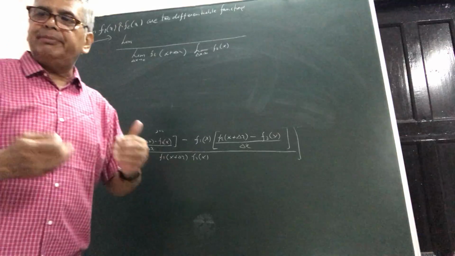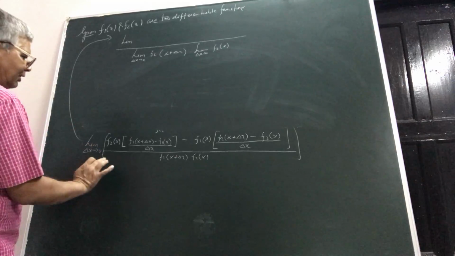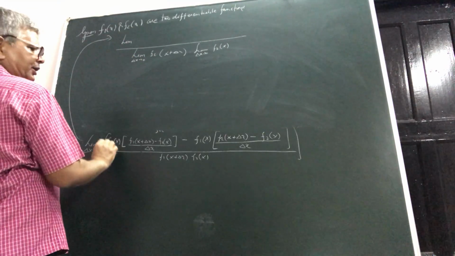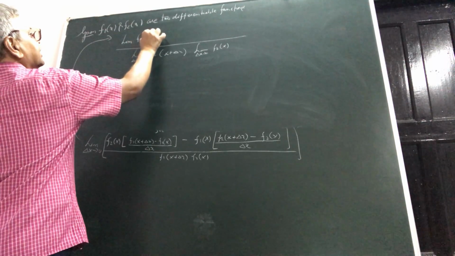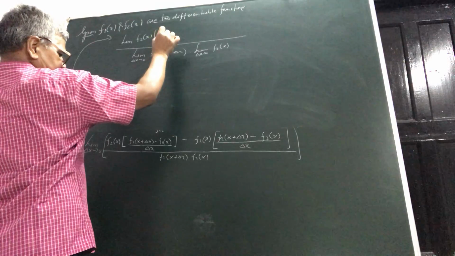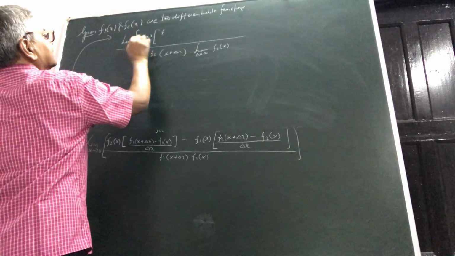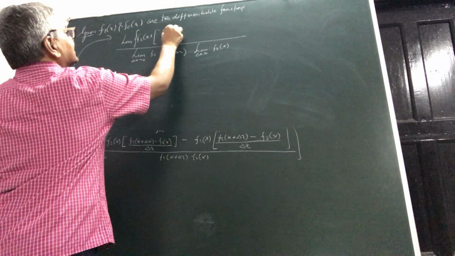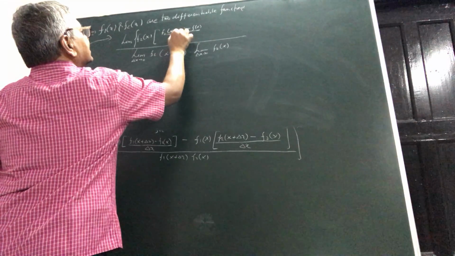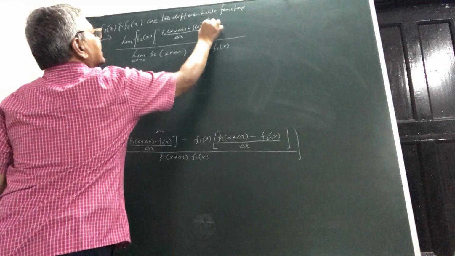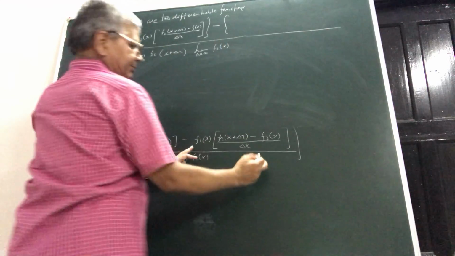So the limit of a product of two functions will eventually turn out to be the product of their individual limits. Effectively, I will get limit of f2x, and within bracket limit of f1 x plus delta x minus f1x upon delta x, minus big bracket here, and then limit of this whole thing.